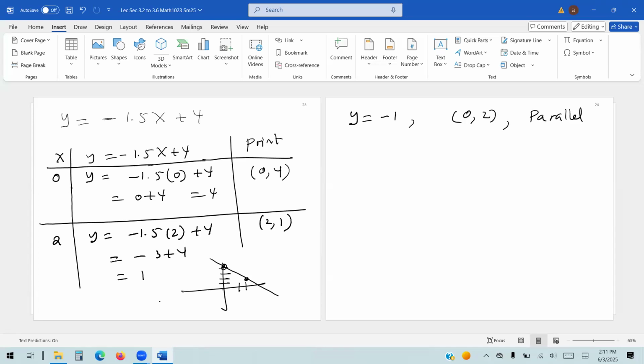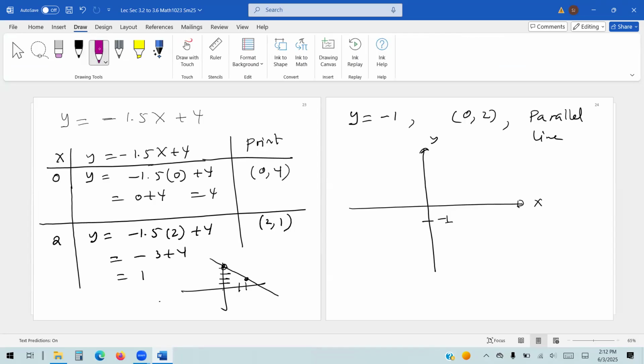What is the equation of this line? Okay, so parallel line. y equals -1 is a horizontal line. So to draw this line, you just have to draw a line across y equals -1.